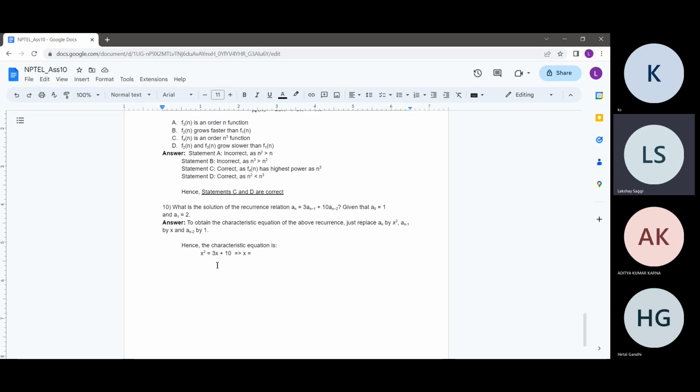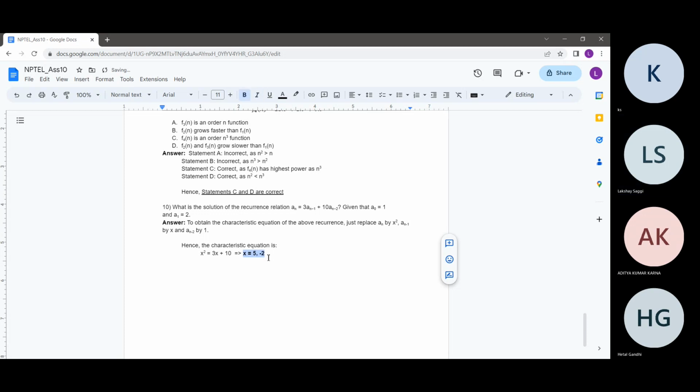So x squared is 3x plus 10. Just applying the quadratic formula, one possible value for x is 5, and the other root is minus 2. You can just check that these two will indeed be the roots.